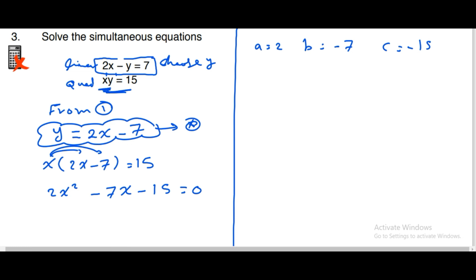We can use the quadratic formula, x equals negative b plus or minus the square root of b^2 minus 4ac over 2a, or go direct from the calculator.